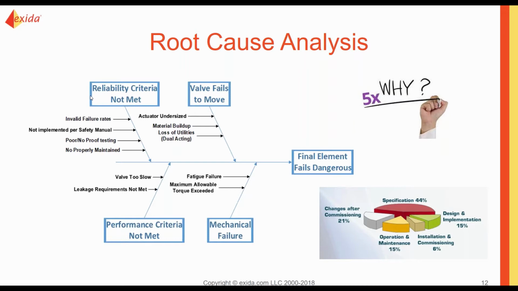The valve can move, but not meet the performance criteria. Or we could have a mechanical failure, as we showed in the photo. Any of these main branches are going to lead to a dangerous failure in the final element.